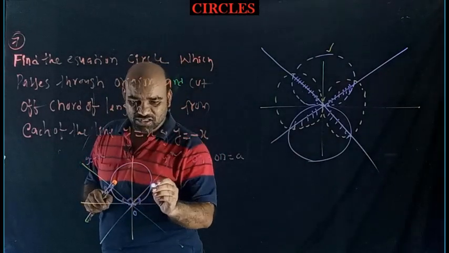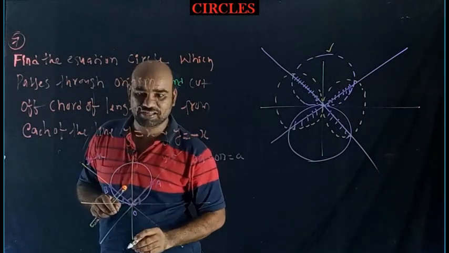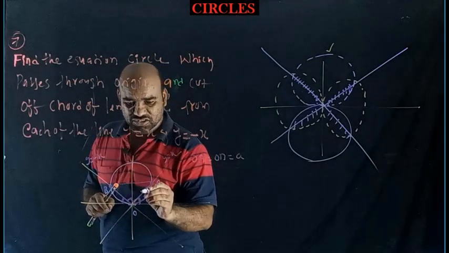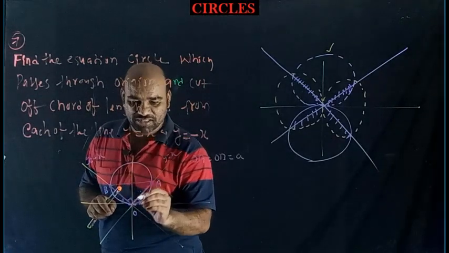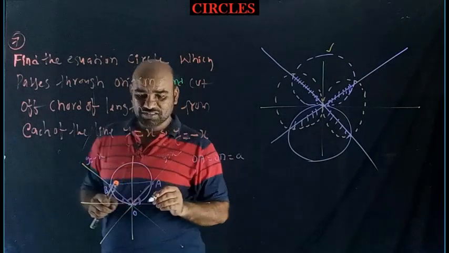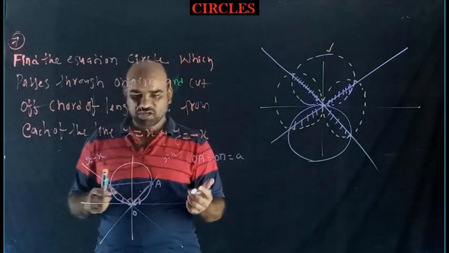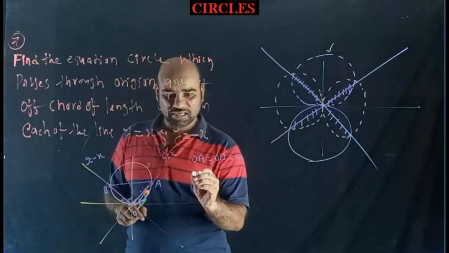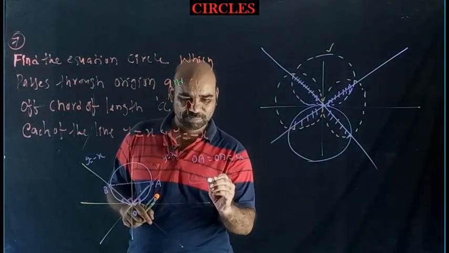Important thing, this length is a units only, this length is a units only, so this will form a right angle isosceles triangle. Join AB. So this is a, this is a, here 90 means right angle isosceles triangle. Important thing is AB becomes the diameter of the required circle. Okay, students. So angle in a semicircle is 90 degrees, no? So angle AOB is 90 degrees.